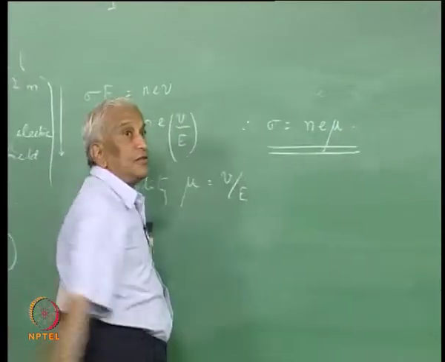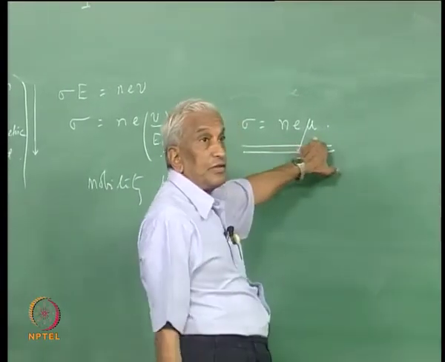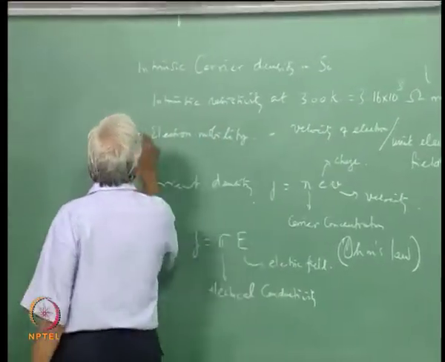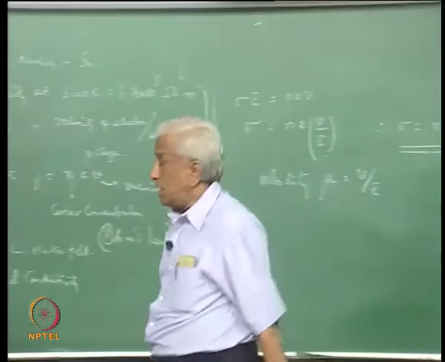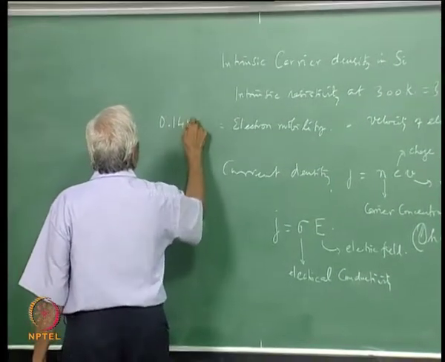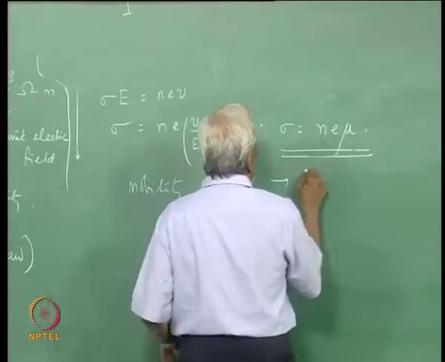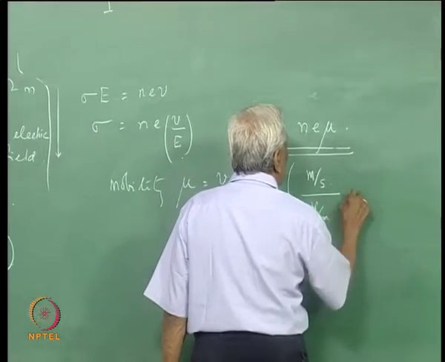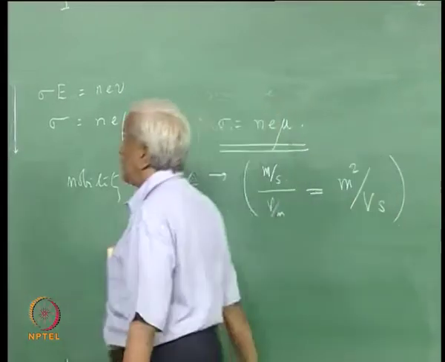This is a very basic relationship which gives the electrical conductivity in terms of the carrier concentration, the charge and the electron mobility. The unit of mobility: velocity is meter per second and the electric field is volt per meter, therefore this is meter square per volt second.